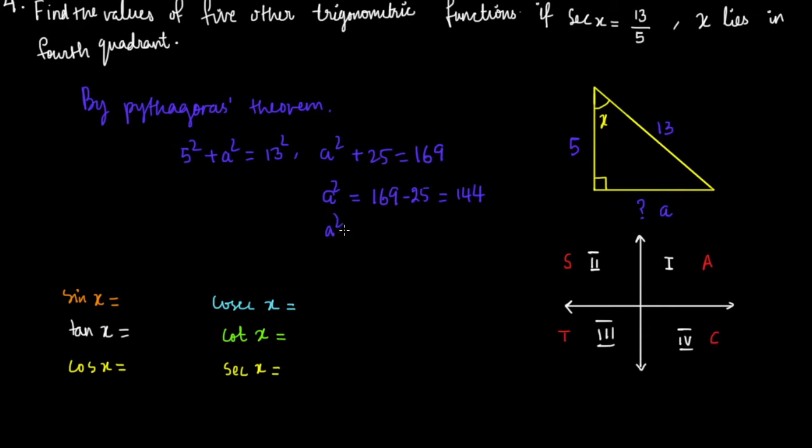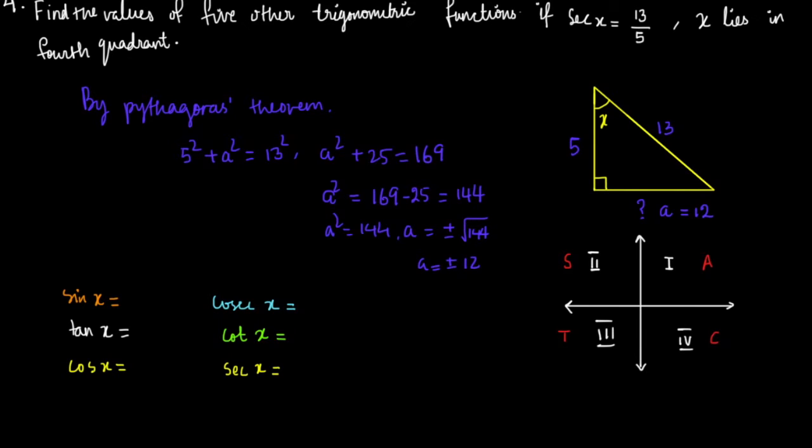Therefore a squared is equal to 144, or a is equal to plus or minus root of 144. That means a is equal to plus or minus 12. But since this is the side of a triangle, it would be a positive value, which is equal to 12.